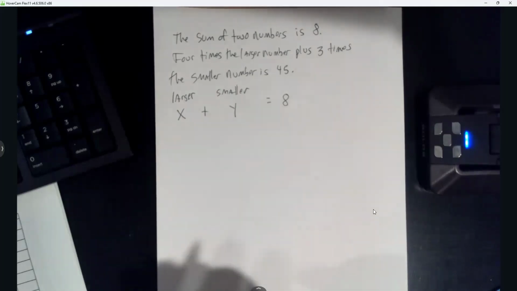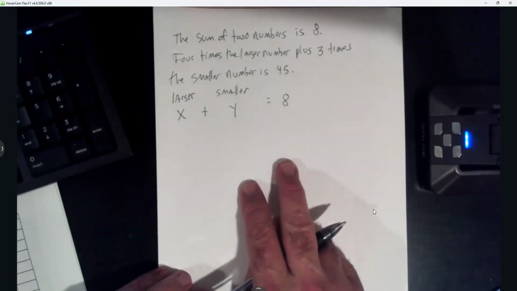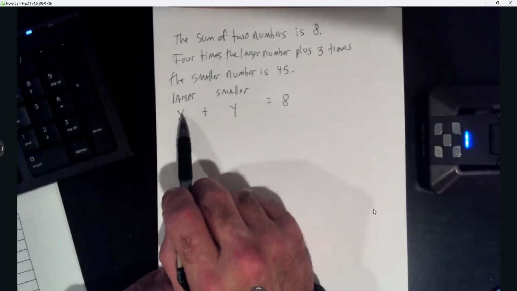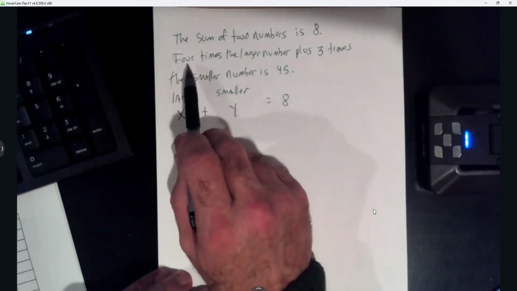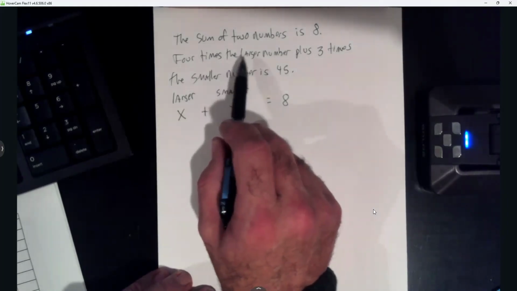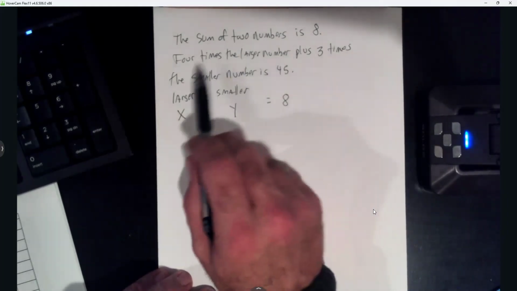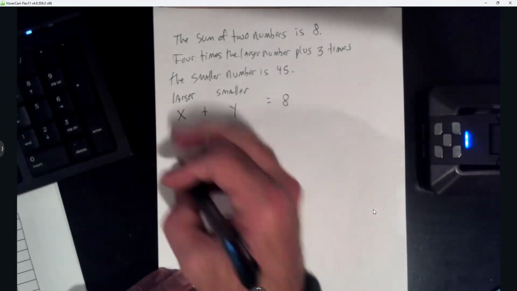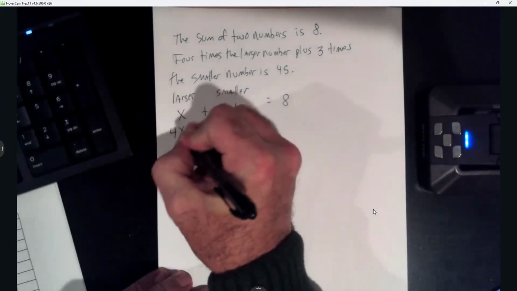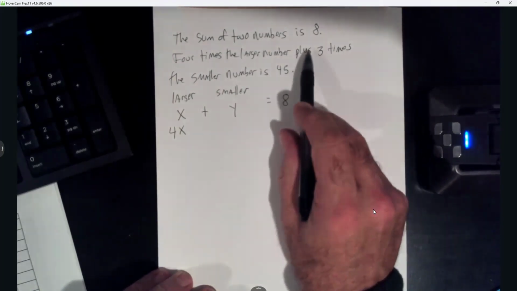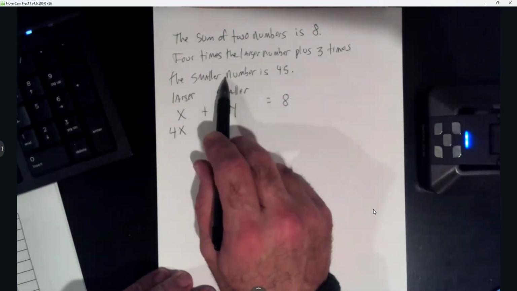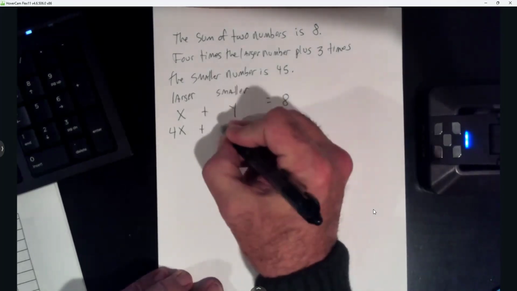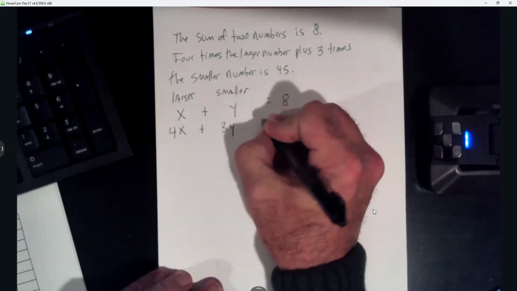So at the moment, we got to use variables for these, okay? Now look here. X's are my larger number, Y's are my smaller number. This says 4 times the larger number. Well, 4 times the larger number will be 4x plus 3 times the smaller number. That's going to be plus 3y.